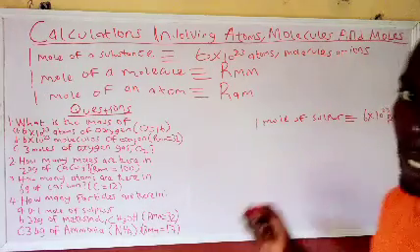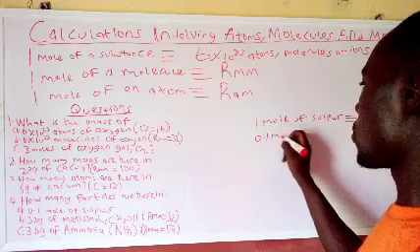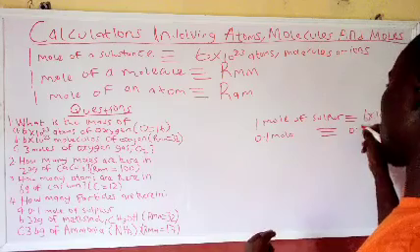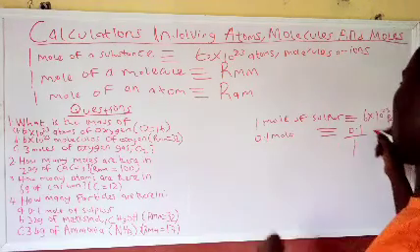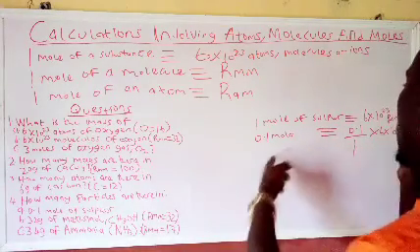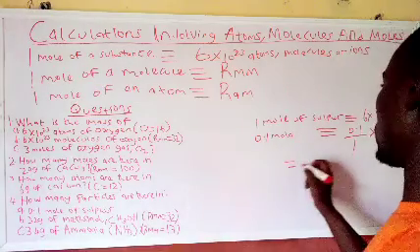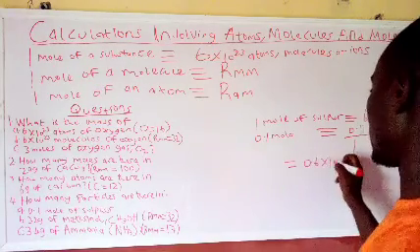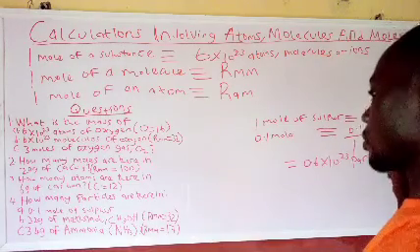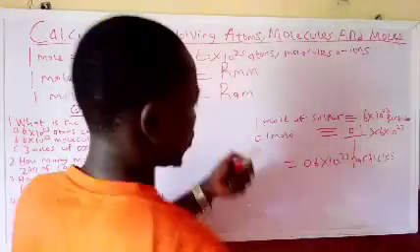So 0.1 mole will be equivalent to 0.1 over 1 times 6 times 10 to the power 23. When you do that, that should be 0.1 times 6, which is 0.6 times 10 to the power 23 particles. So I think you are getting it. So the same way it goes.